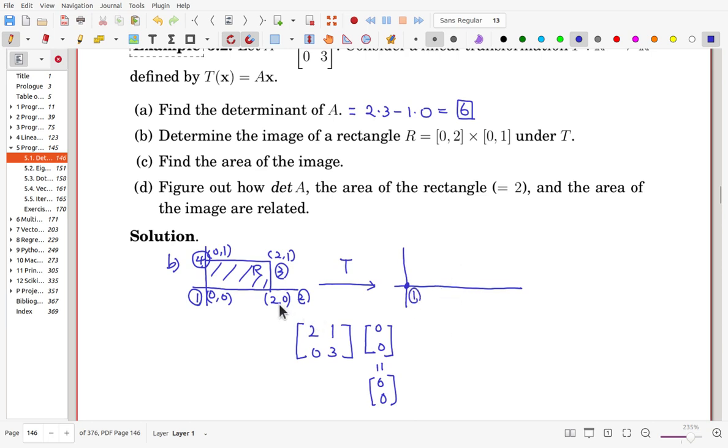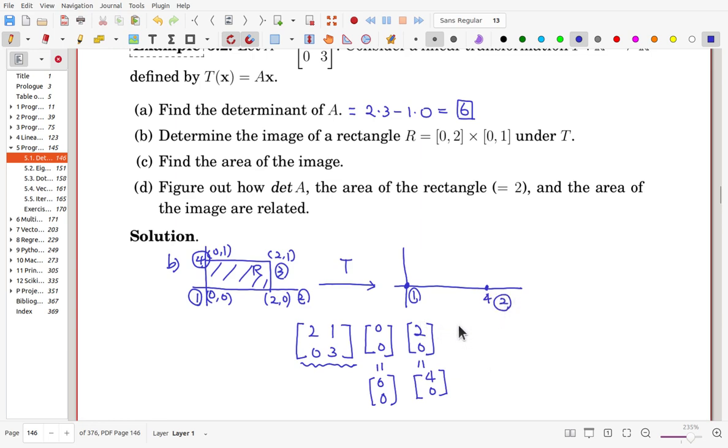And corner 2, that is (2, 0). Multiply (2, 0) by the matrix A. That means twice the first column, so that must be (4, 0), right? So this is 4, and that is the image of the second corner.